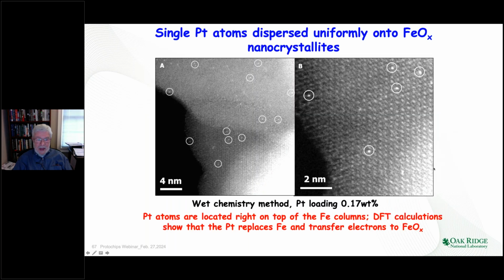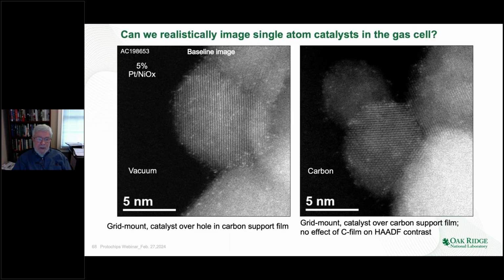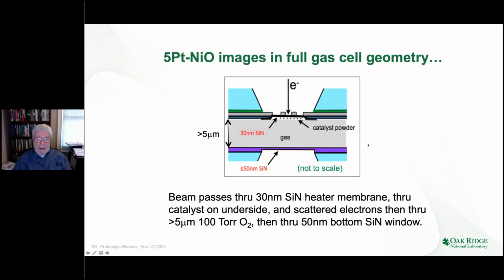And it's the first time that single atoms were proved to exist and be the controlling factor in doing an improved catalytic, started the entire field of single atom catalysis, basically. So you can look at single atoms of platinum on nickel oxide, for example, in vacuum and over carbon, not degraded. Again, the geometry of the gas cell.